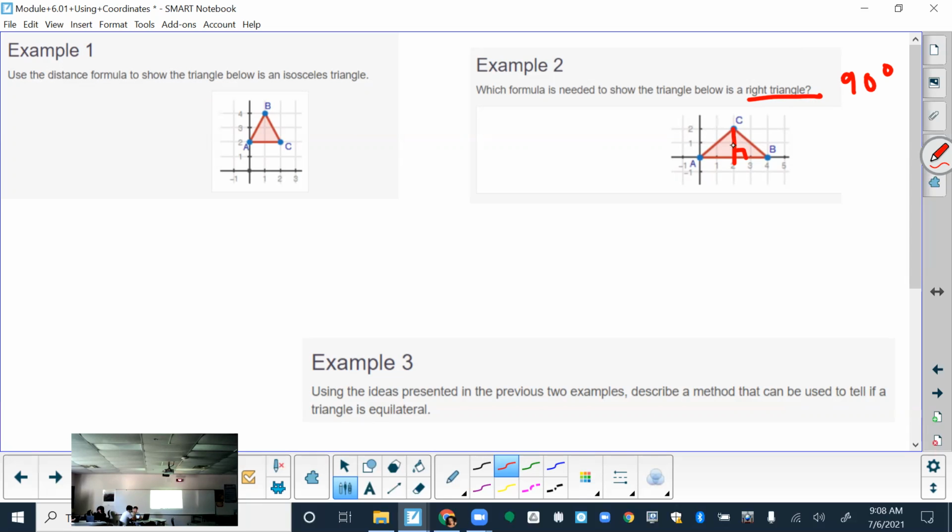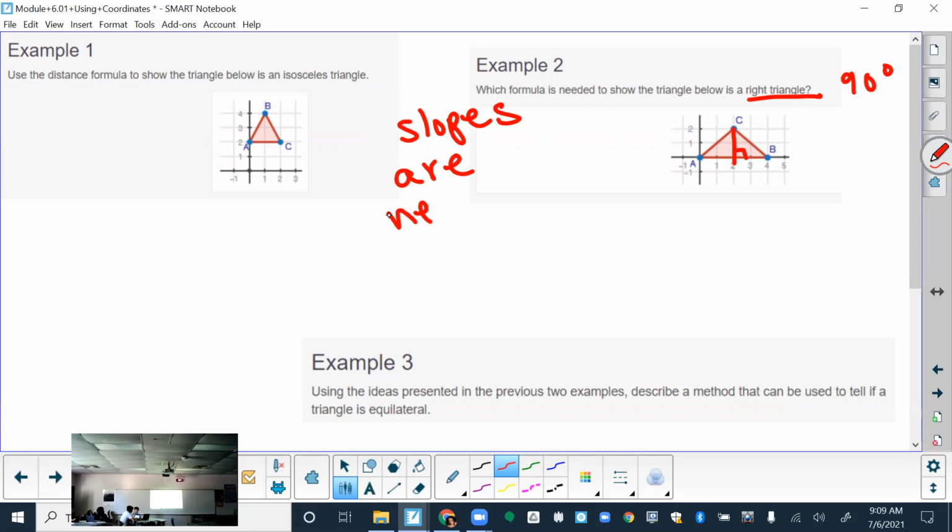We know that for perpendicular lines, their slopes are opposites, right? Or they're actually called negative reciprocals.